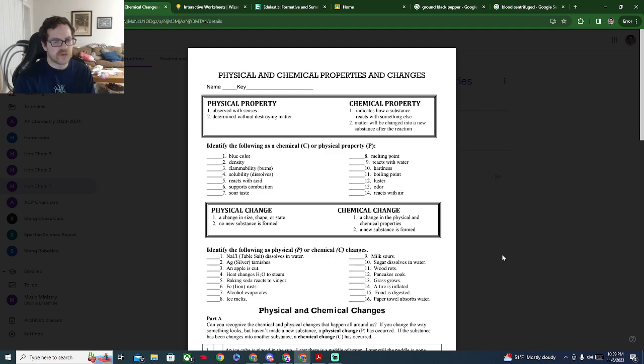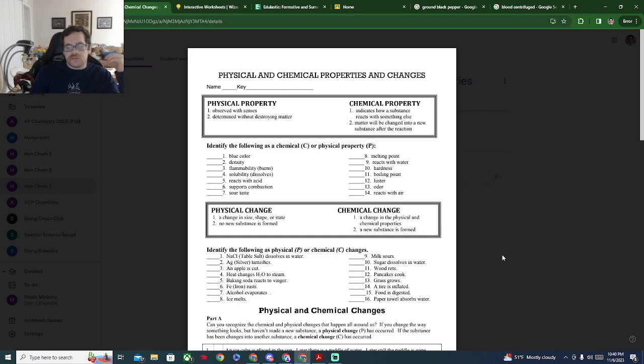But intrinsic properties will always be the same. We are going to stick to mostly intrinsic properties here, because those are the ones we use for identification in chemistry. We, of course, use extrinsic properties. We take mass all the time, for example. Right? But intrinsic properties are how we identify chemicals.